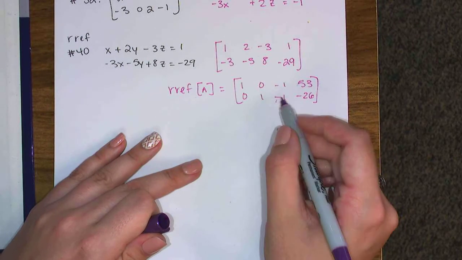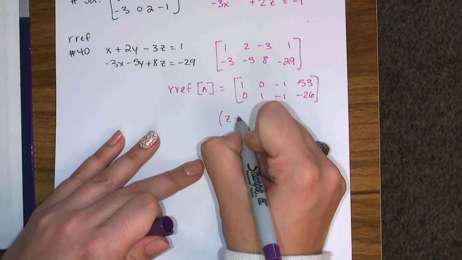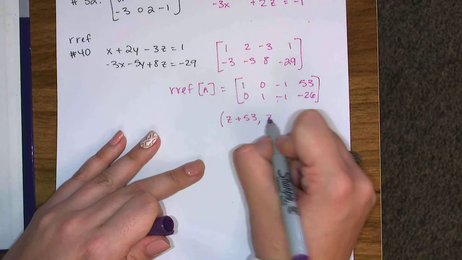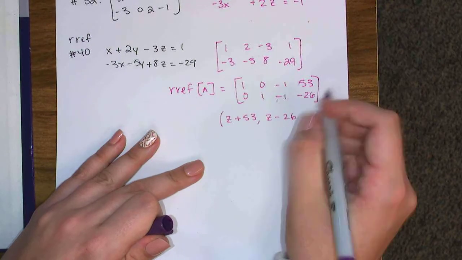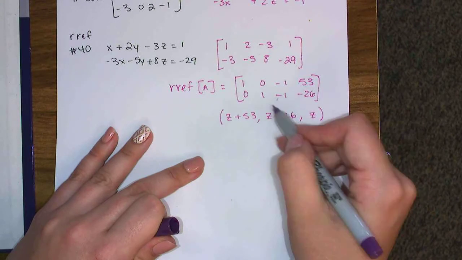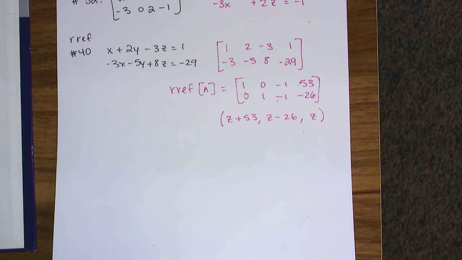So we say that x is z plus 53, y is z minus 26, and this is just z. We don't know what z is, but based on what z is, we can use that to find x and y.